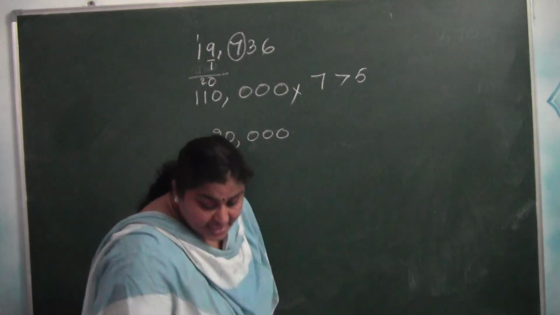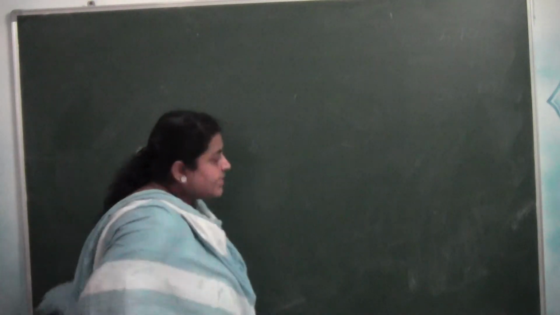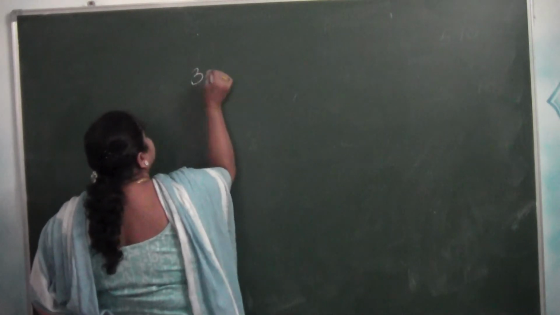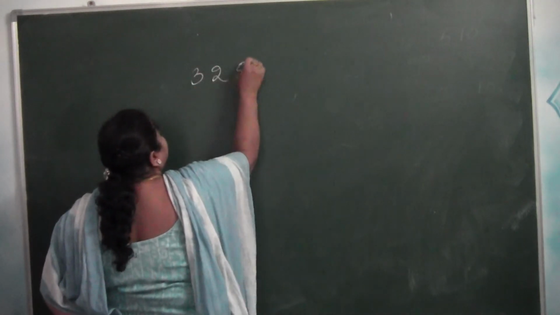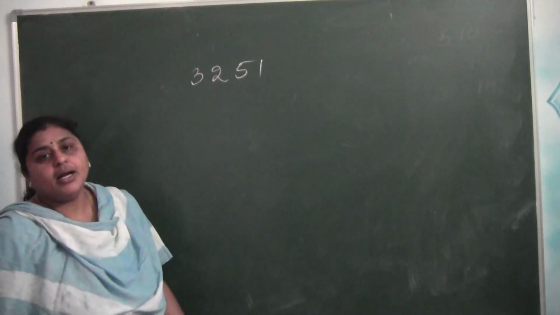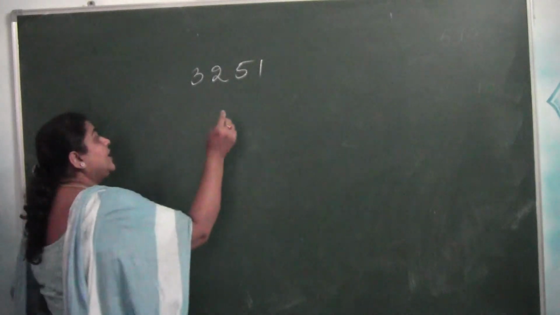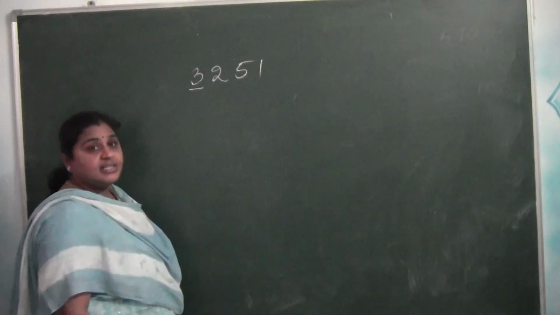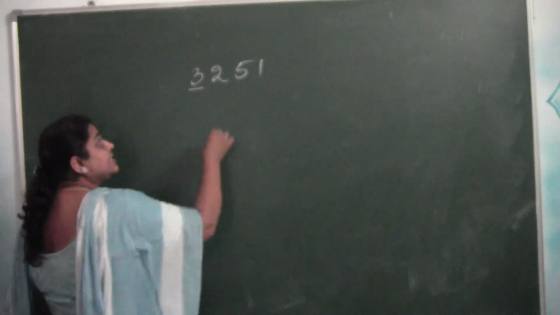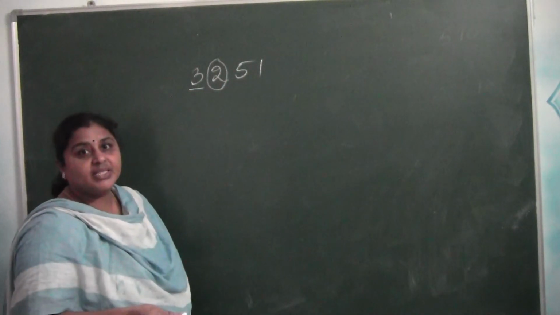Okay children, now let us take another example. Rounding off to 1000, let us take the other example: 3251. Now I have to round it off to the nearest 1000. Let us underline the digit that is in the thousands place and circle the next number, which has to be compared with 5.